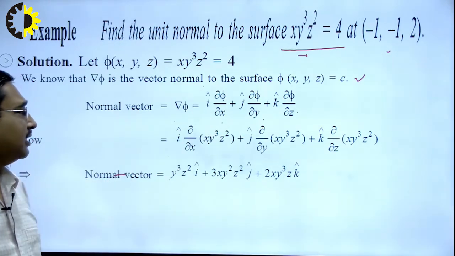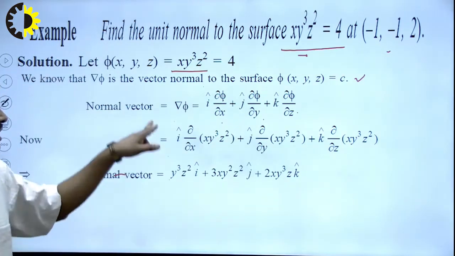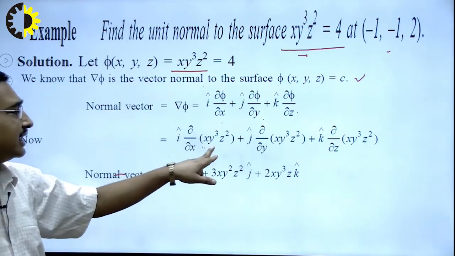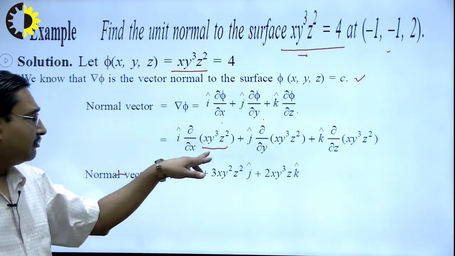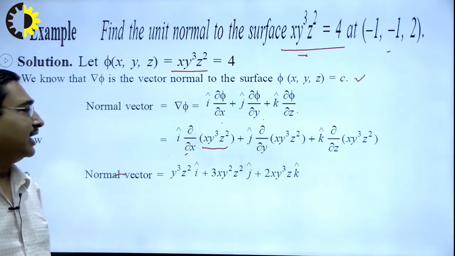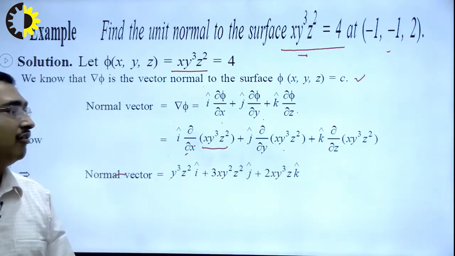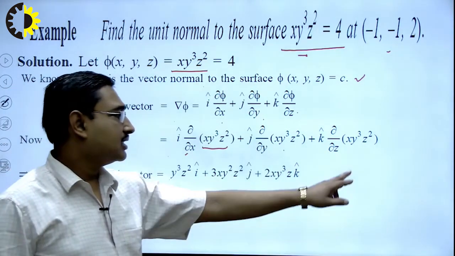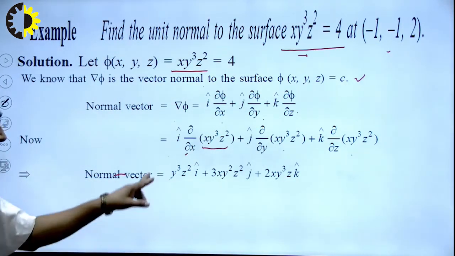This phi is now being replaced by its value. The value of phi I have taken as x y cube z square from given surface, and therefore it becomes del over del x of x y cube z square plus del over del y of x y cube z square plus del over del z of x y cube z square.